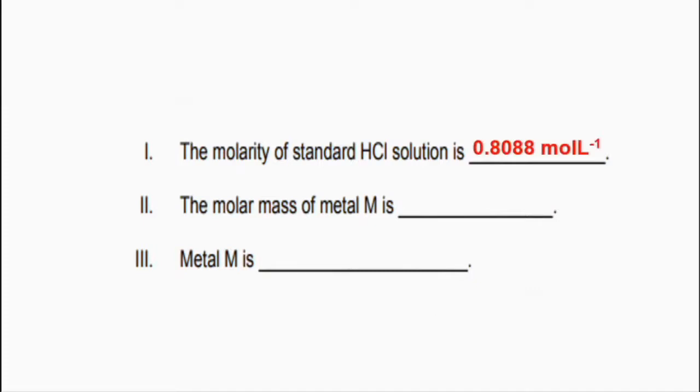Second, the molar mass of metal M obtained from this experiment is 30.05 grams per mole, and since this molar mass is close enough to the molar mass of magnesium metal, we can say that metal M is actually magnesium.